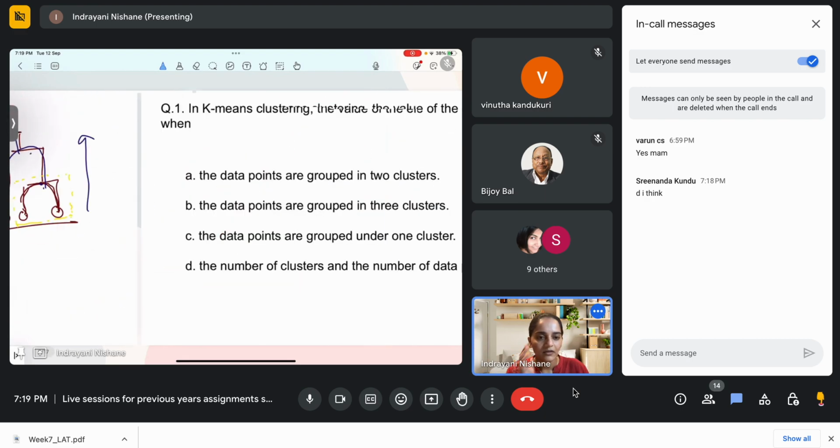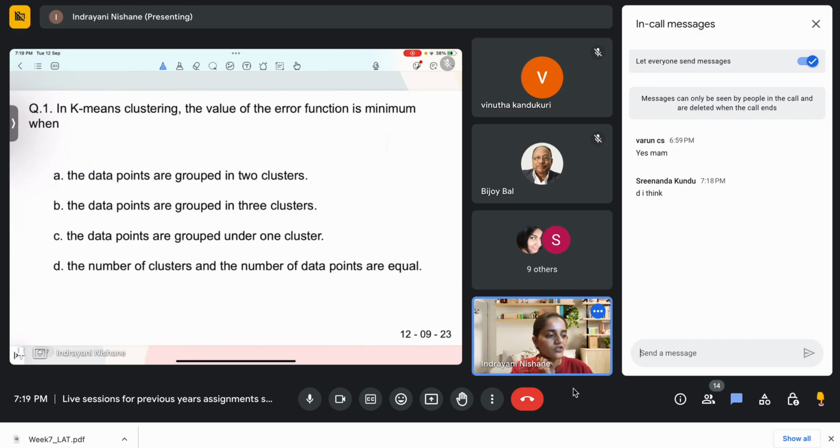Okay. So this error function, the distance between centroid and data point squared, is minimum when... let's read all the options. A says the data points are grouped into just 2 clusters.